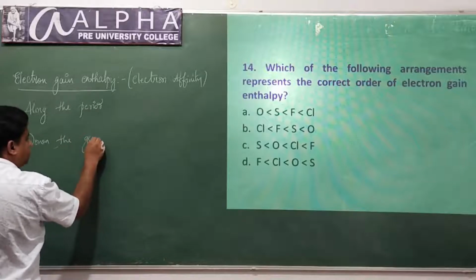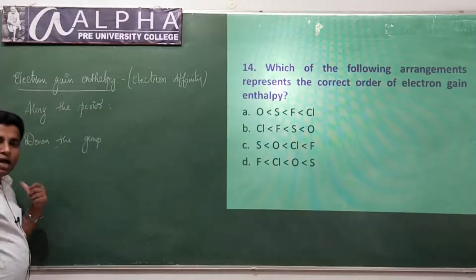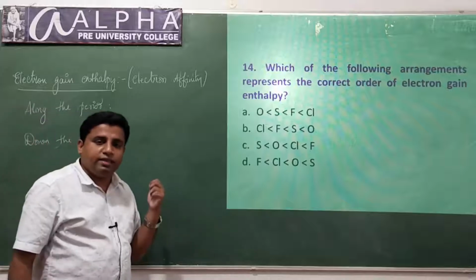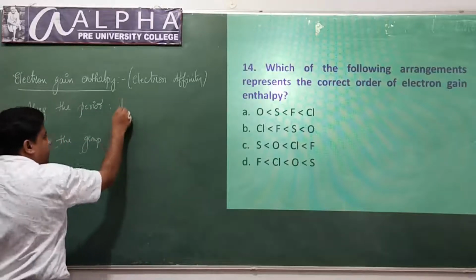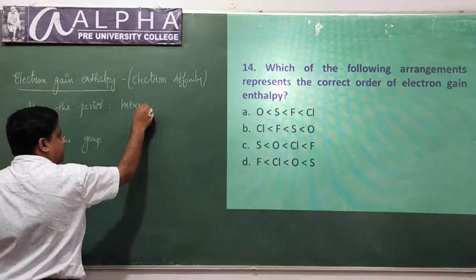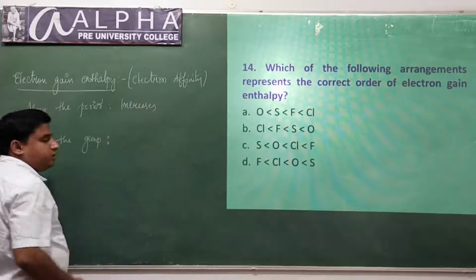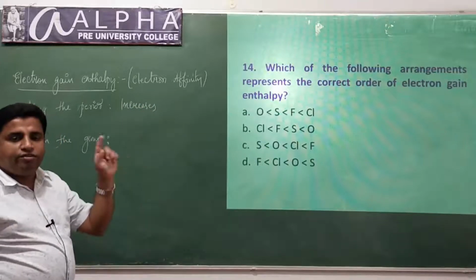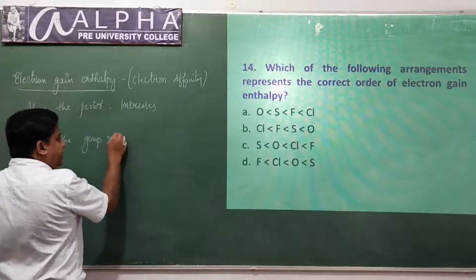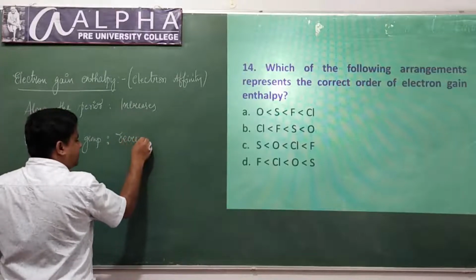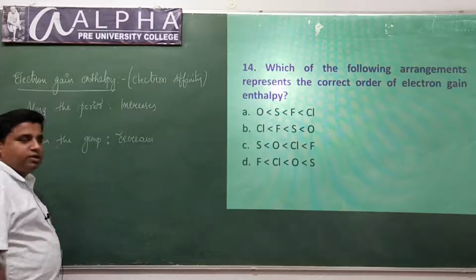We know along the period ionization enthalpy, electron gain enthalpy, electronegativity increases, whereas down the group ionization enthalpy, electron affinity and electronegativity decrease.